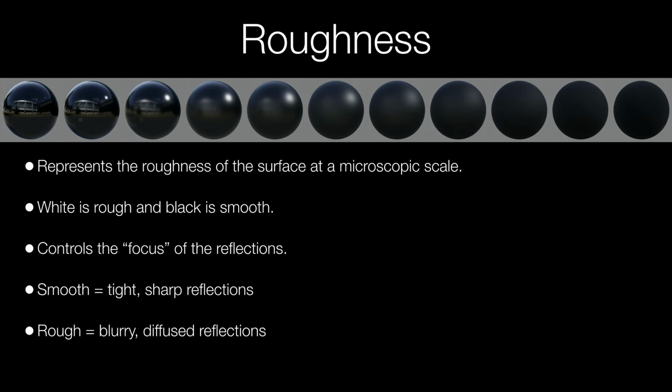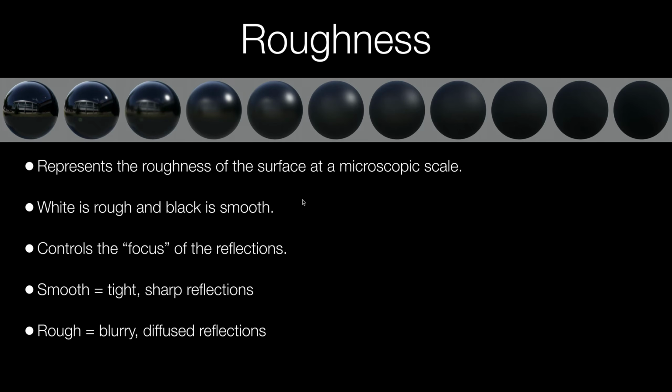If you pass a white value, or a 1, into the roughness socket, you'll get a surface that looks like this. And if you pass a value of 0, you'll get a surface that looks like this, basically super duper polished smooth. So again, white is rough and black is smooth.